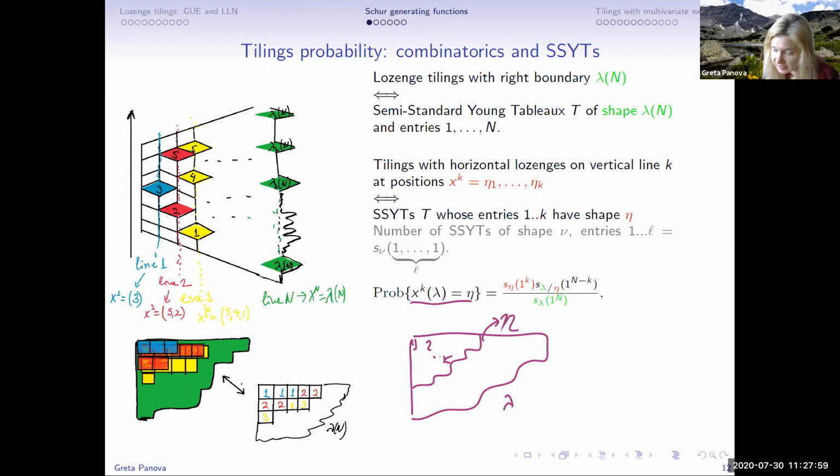And then the remaining numbers from the semi-standard Young tableau correspondence, because we actually play out this bijection until the end, are from k plus 1 up to n. They form a skew shape, which is lambda minus this eta. And what is the number of semi-standard Young tableau of a given shape without any other restrictions? It is just the evaluation of a Schur function at once.